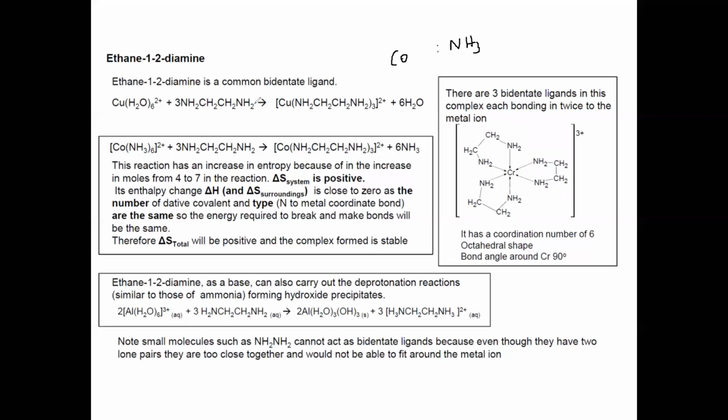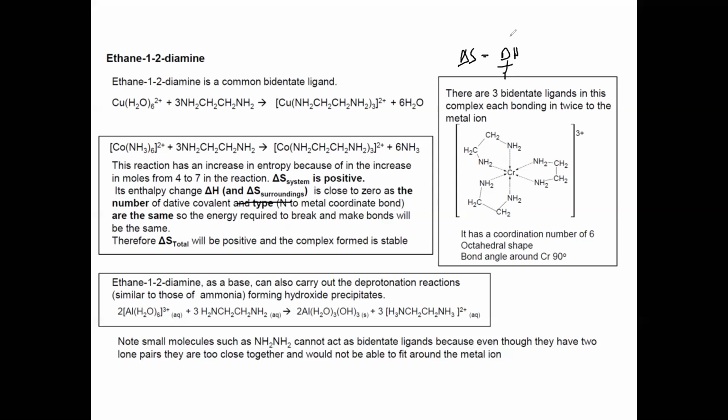And the same thing when it formed a bond with ethane-1,2-diamine, it is also forming a bond with the lone pair of nitrogen. So bond breaking energy and bond forming energy will be the same. So the energy change will be 0, and the entropy of the surroundings will be 0. Entropy of surroundings is delta H by T.